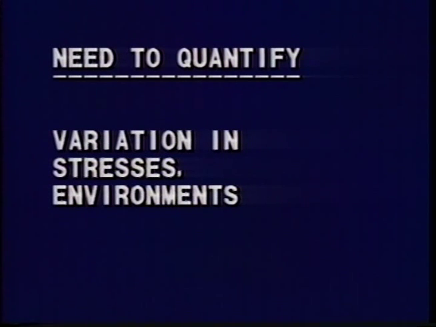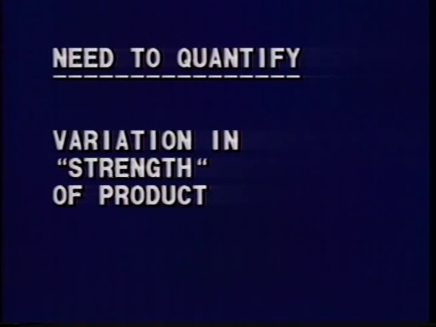The approach requires that we quantify two variations. Variations in the stresses and environments to which the products will be subjected, and variation in the strength or ability of products to stand up against stresses.